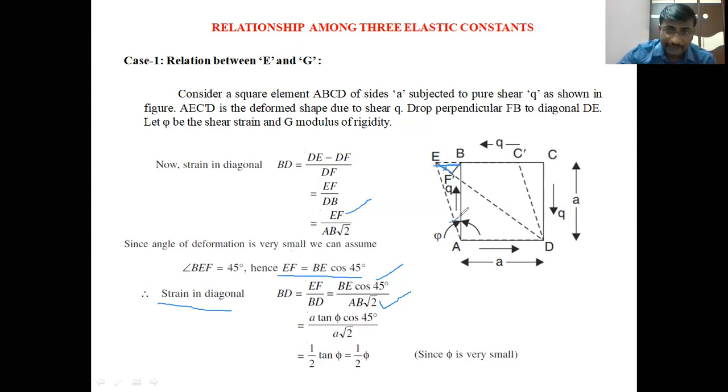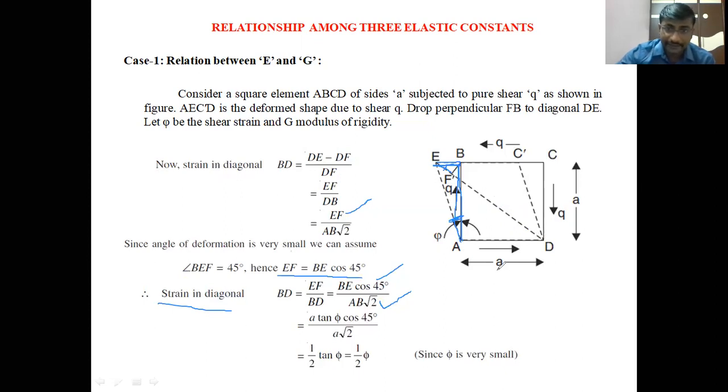So if we take tan phi, what is the tan phi? If we take the triangle ABE, tan phi is equal to the opposite side divided by the adjacent side. What is the opposite side here? BE divided by the adjacent side AB. AB means the side of the square.